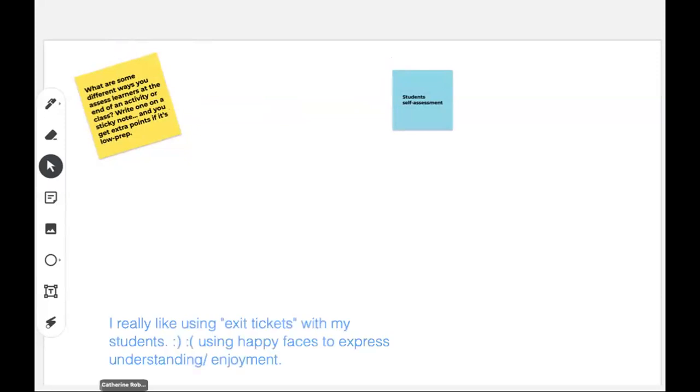That's great. Student self-assessment. Exit tickets. Excellent. I like using the happy, neutral, and sad face sometimes too, and they can just put a sticky note where they are.